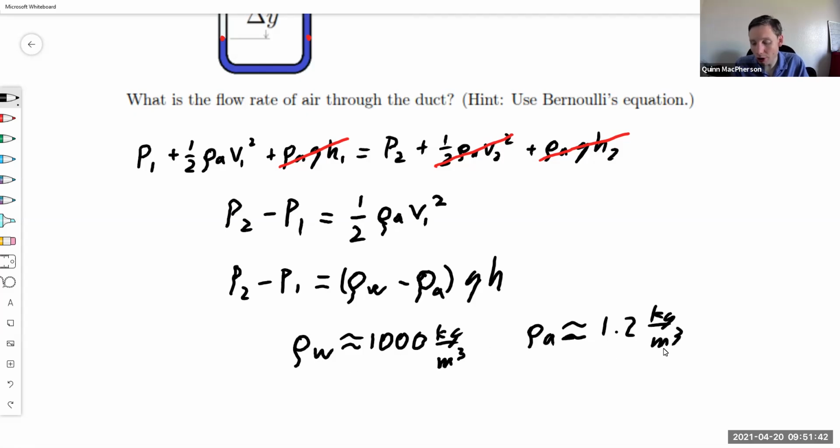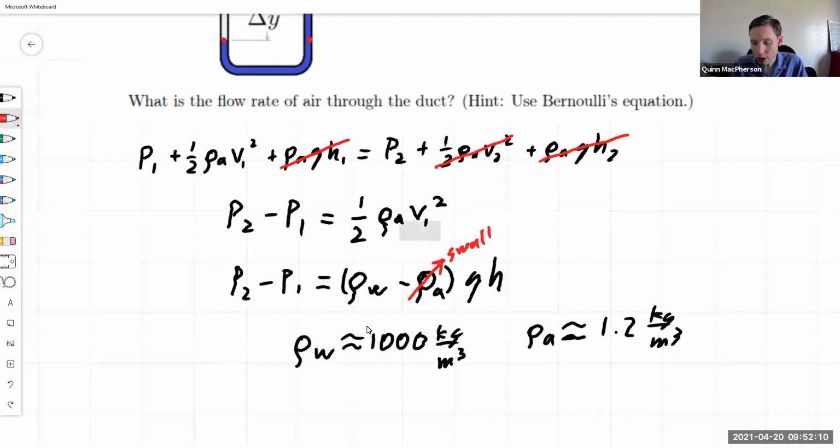So rho of water minus rho of air is like 998.8 kilograms per cubic meter, which is effectively 1,000, at least to two significant digits. It's basically 1,000. Rho of water is so much bigger than rho of air, we can more or less just ignore that as small.